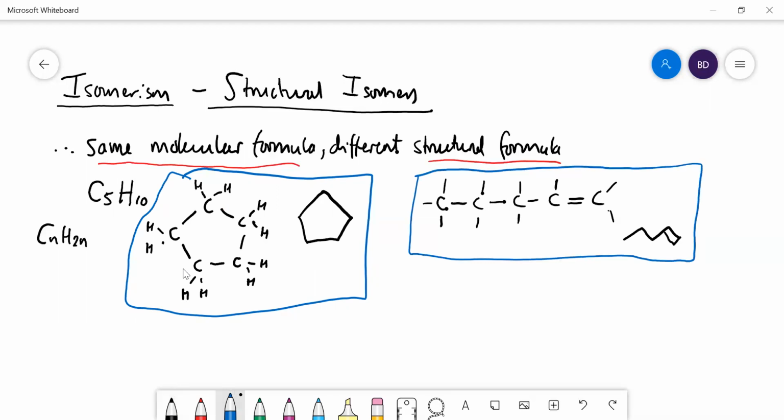We could have the same thing again, but this time put the double bond in between carbons number 2 and 3. Put it there. Okay, so we draw that like that, in skeletal form.